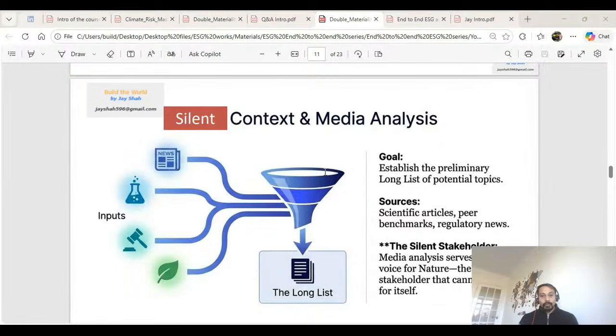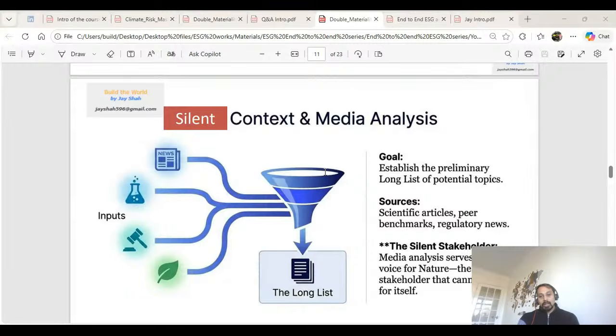We can use various scientific research on what the impact analysis can be, future predictions for nature and for future generations. You can do a media analysis through various news and regulatory news analysis. This builds your preliminary long list for the context and media analysis.